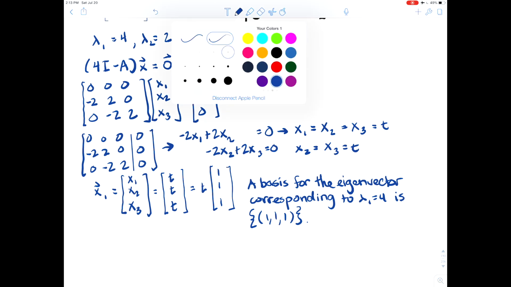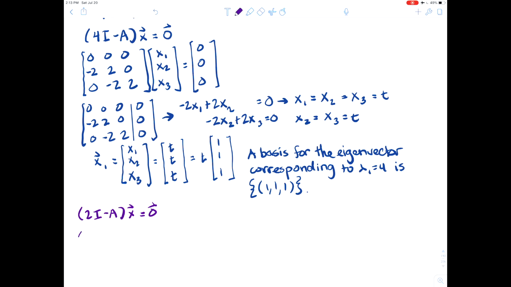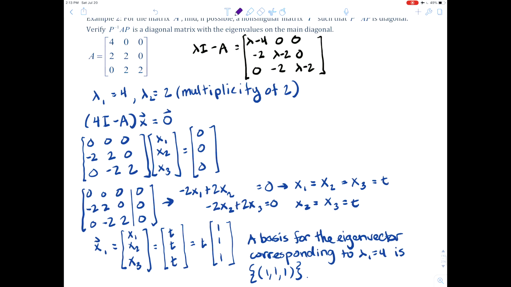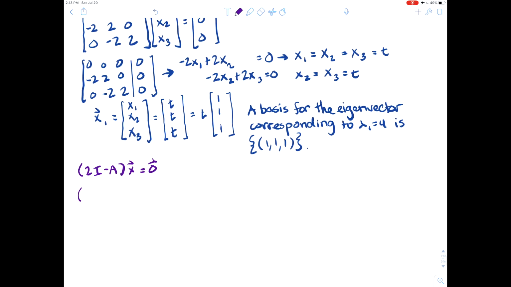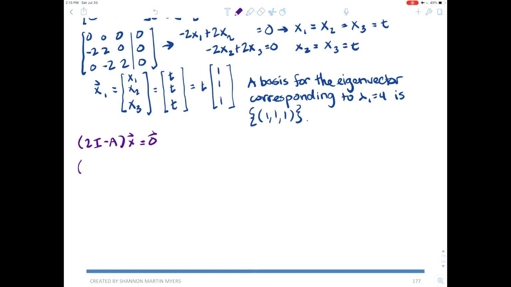So now, I'll do this in a different color. We would have 2 times I minus A times the x vector equals the 0 vector. So that's going to give us, let's see, 2 minus 4, so negative 2, 0, 0, negative 2, and then 2 minus 2 will zero out.